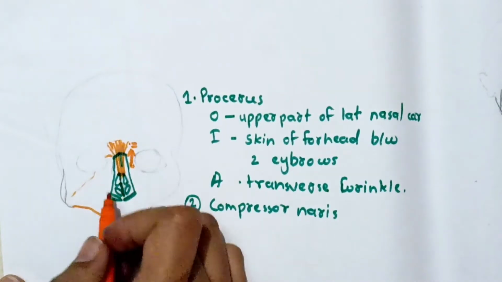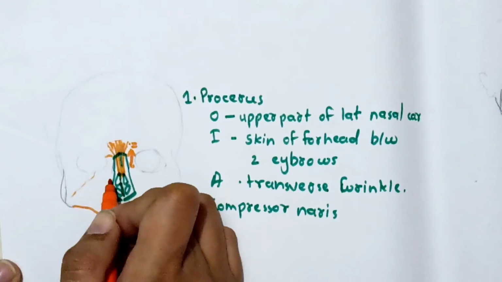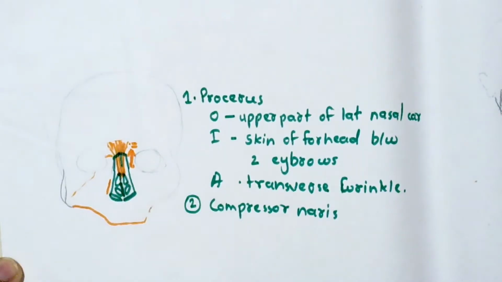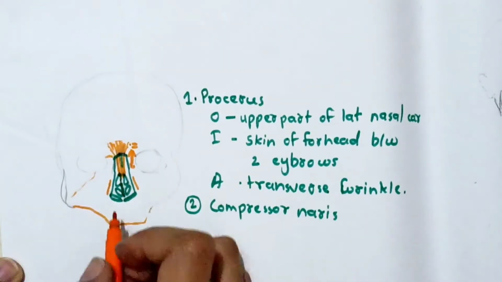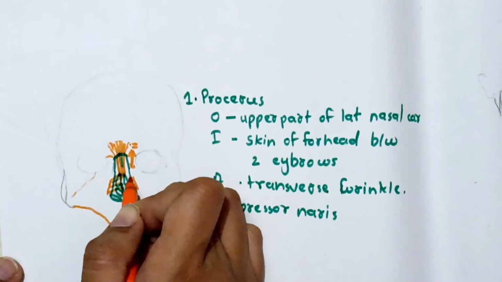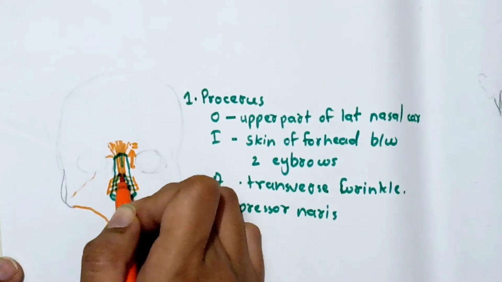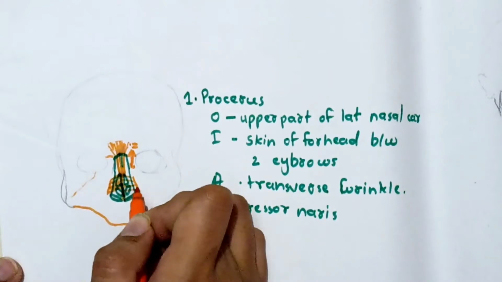So its origin is on the maxilla lateral to the nose, and then it inserts on the aponeurosis present on the bridge or dorsum of the nose. Okay, so it is attached all over here.